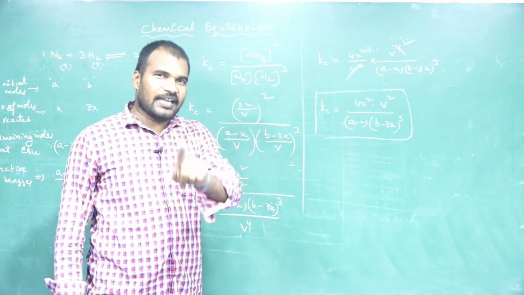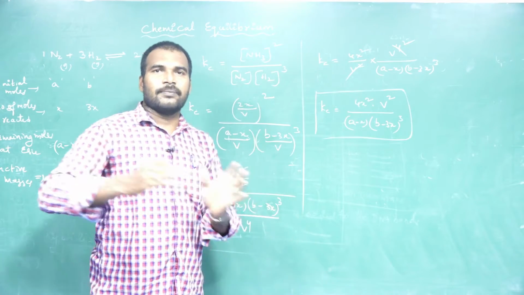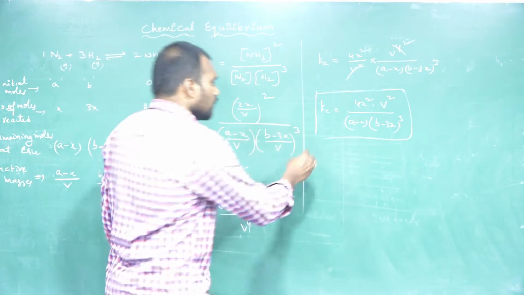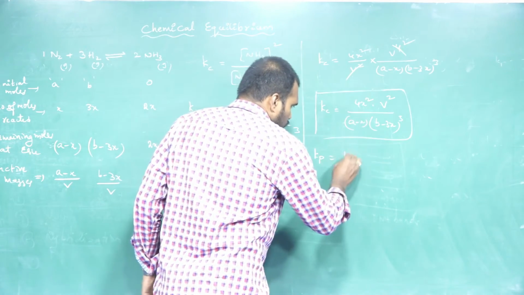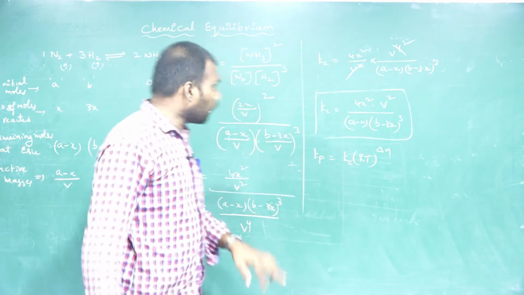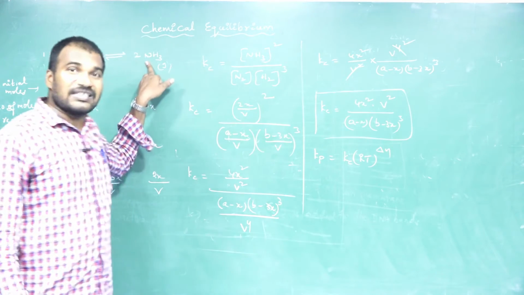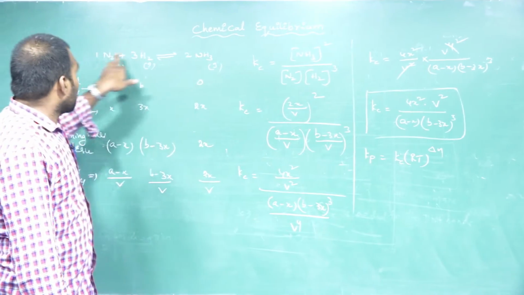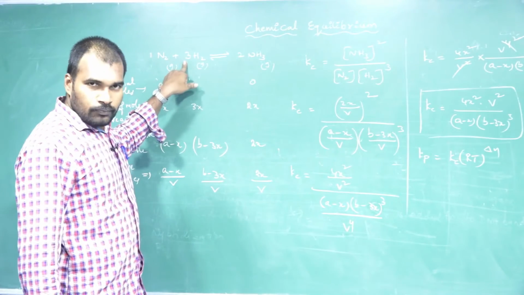From that Kc we can calculate the Kp. We know that Kp is nothing but Kc into RT to the power of delta n. Then Kp is equal to Kc into RT to the power of del n. For this given reaction, what is the del Ng value? Number of moles of products is 2. Number of moles of reactants is 1 plus 3, 4.